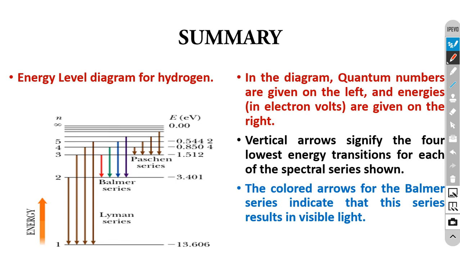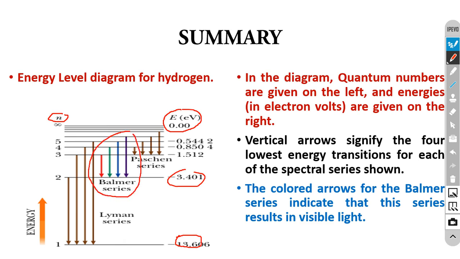So here you have n equals 1, n equals 2, n equals 3, and so on. These are the quantum numbers, and on my right are the different levels of energy in terms of electron volts. You see the vertical lines, but these ones are colored.